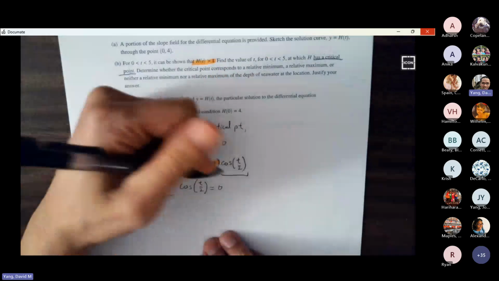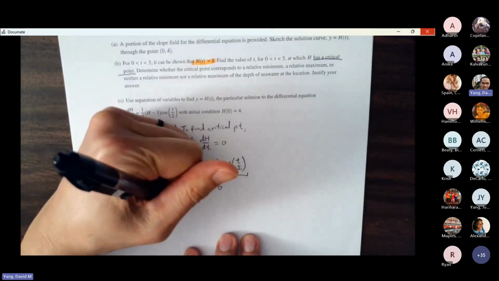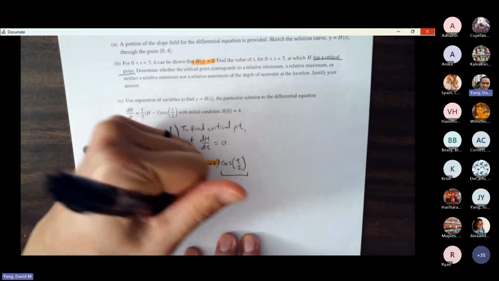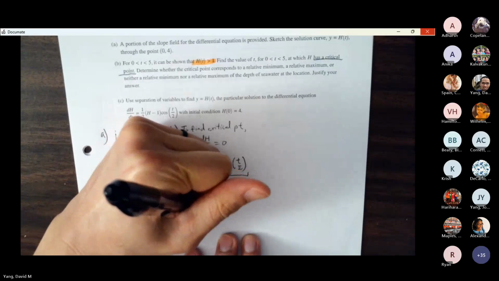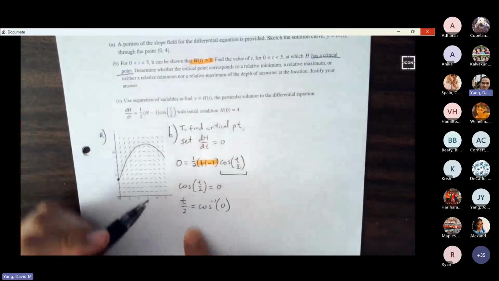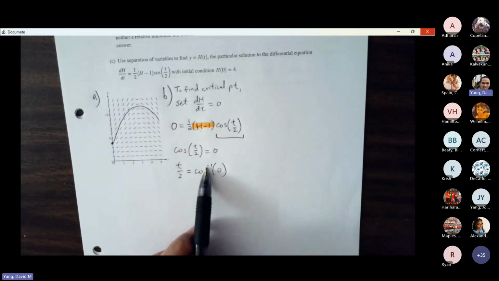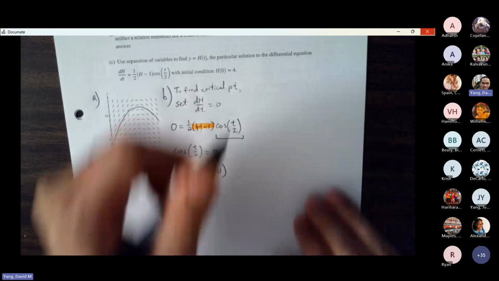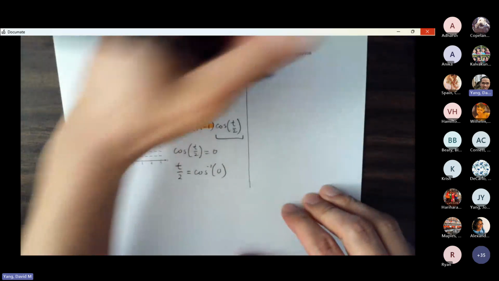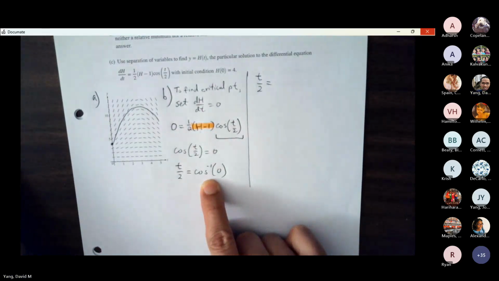Okay, so cosine of t over 2, that's the same thing as asking when is cosine equal to 0. We can solve for t over 2, looking for radian measures where cosine is equal to 0, and cosine is equal to 0 at pi over 2, 3 pi over 2.